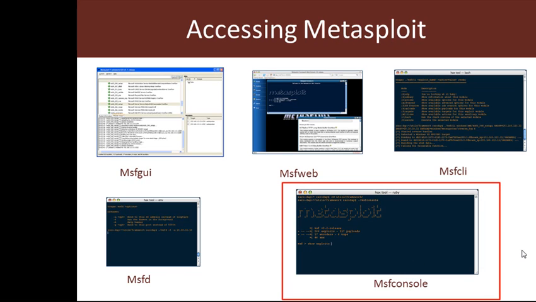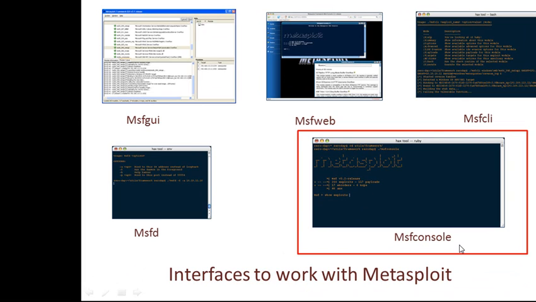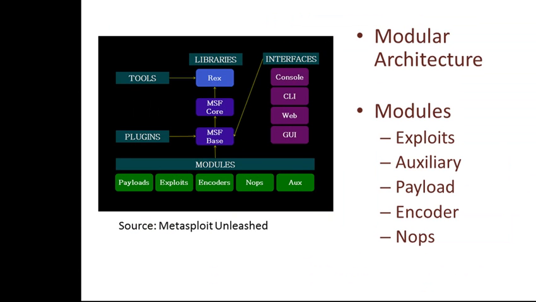I would highly encourage you to check out all these interfaces, but in our videos, we will almost typically be using MSF Console for all purposes. This is because MSF Console provides the best support as well as leveraging all of the Metasploit framework's different functionalities, right?